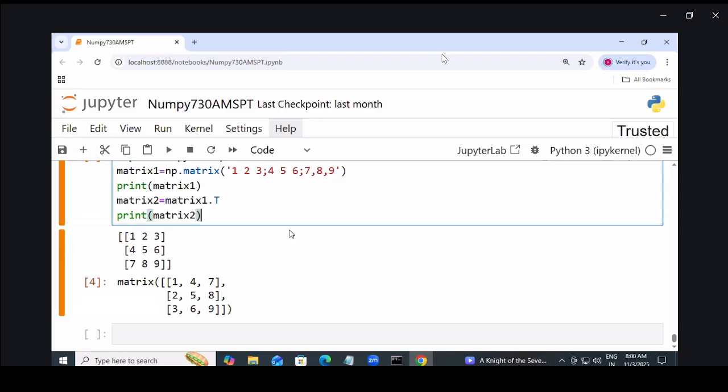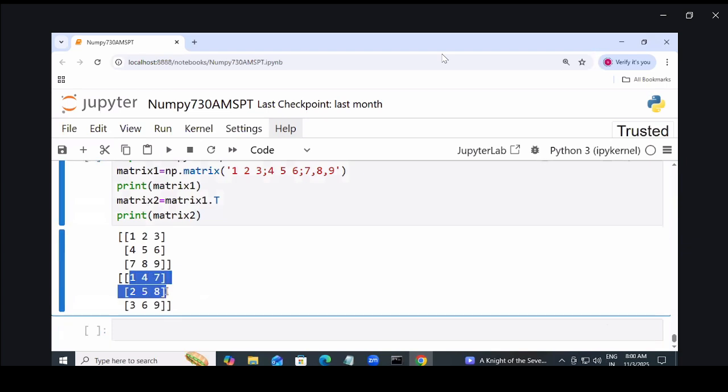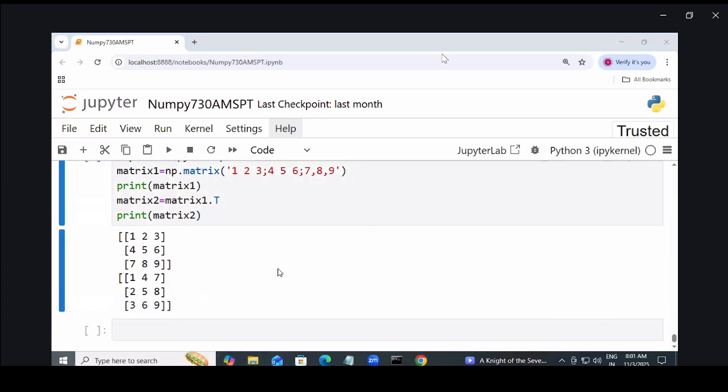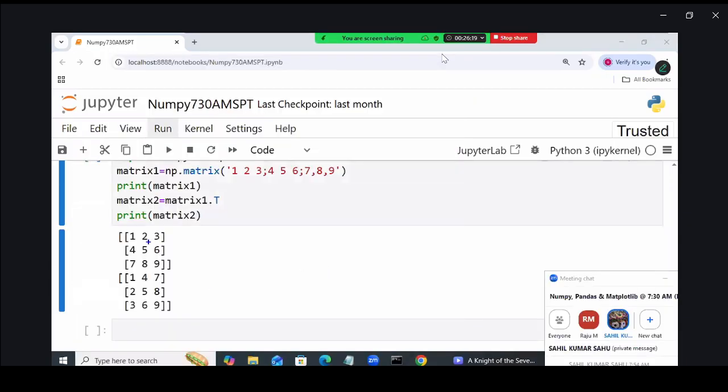I am writing it here as matrix 2. Now if you see matrix 2, this is 1, 2, 3, then 4, 5, 6, and then 7, 8, 9. So this is the transpose.